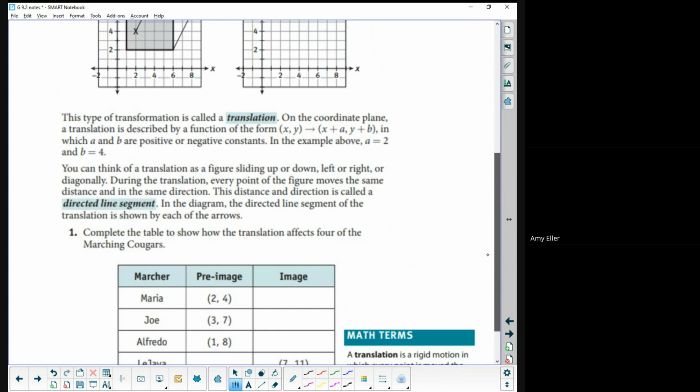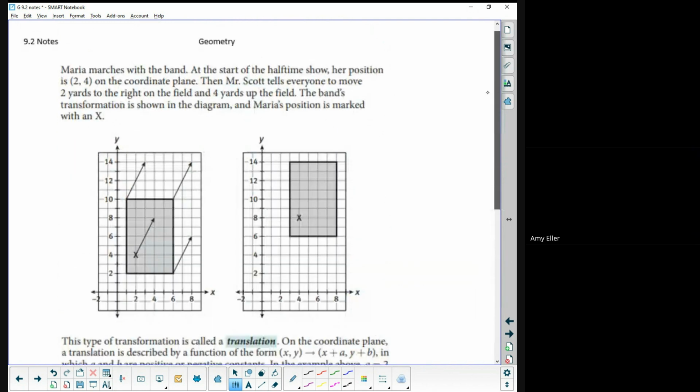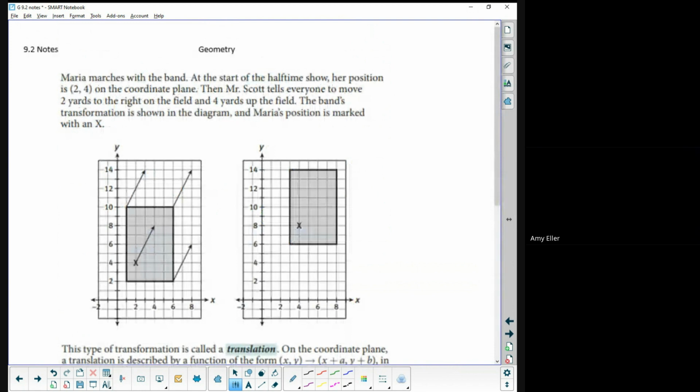I would like us to go above this table and write down our function. (x, y) arrow. And then it told us way up at the top, we're moving 2 yards to the right. So that's plus. And then we're doing 4 yards up the field.